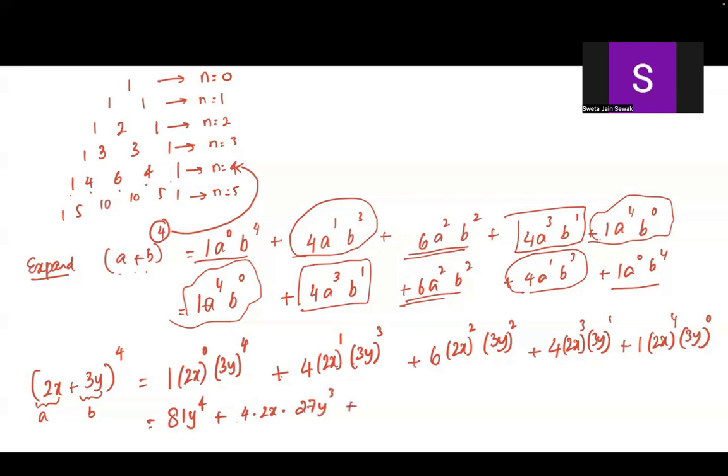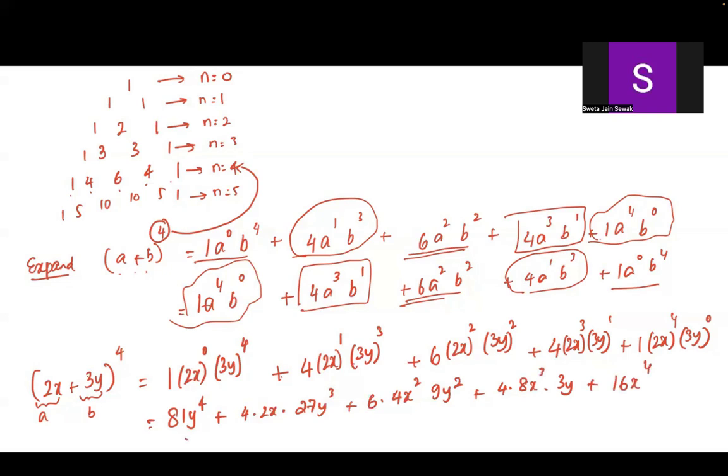The next term is 6 multiplied with 2x squared, and that means it's 2 squared times x squared, so it becomes 4x squared. And 3y squared means it will be 9y squared. The following term is 4 times 2x cubed, means it's 8x cubed, multiplied with 3y. And my last term, it's 2x to the power 4, that means it's 16x to the power 4. 3y to the power 0 is just 1.